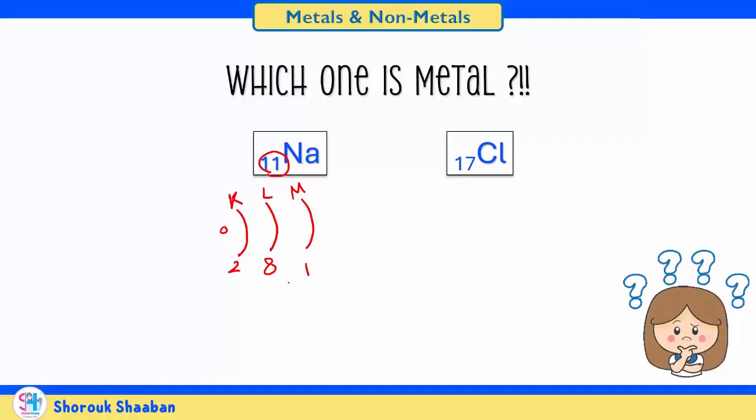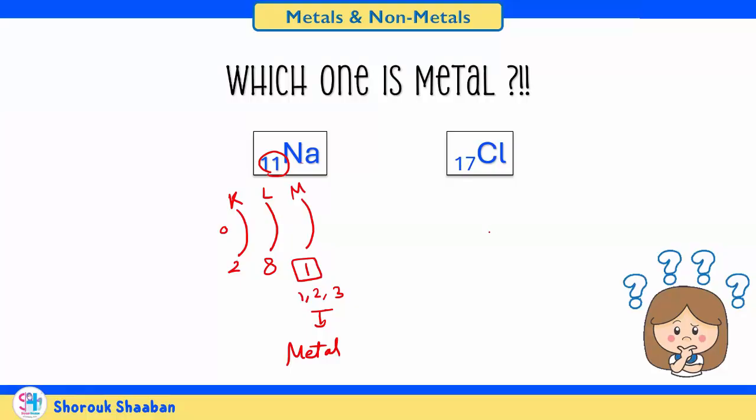Now how many electrons in the outermost energy level? It's 1. And we said if we have 1 or 2 or 3 electrons in the outermost energy level, what will be the type of the element? Good. Metal. So just from configuration, I could know the type of the element that I have.